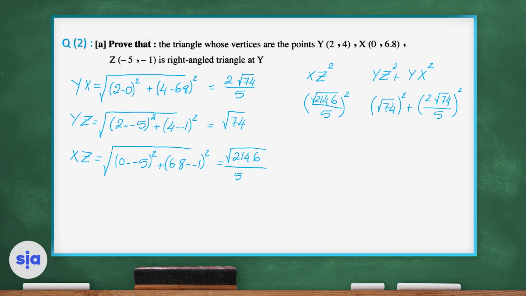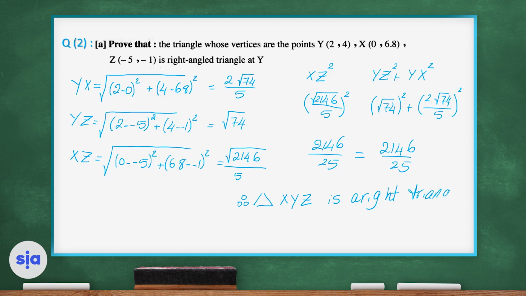XZ all squared is 2146 over 25, and on the other side it's also 2146 over 25. Then these two sides are equal. Then triangle XYZ is a right triangle at Y.